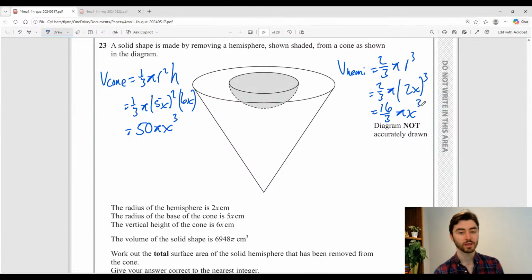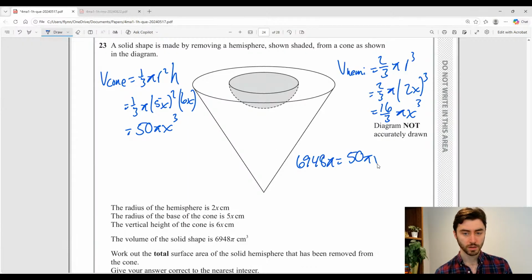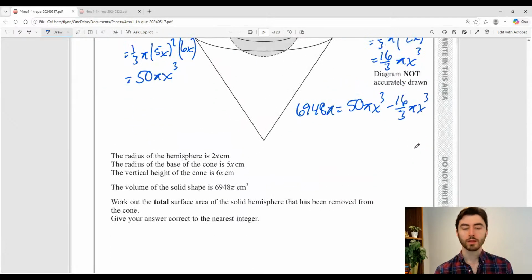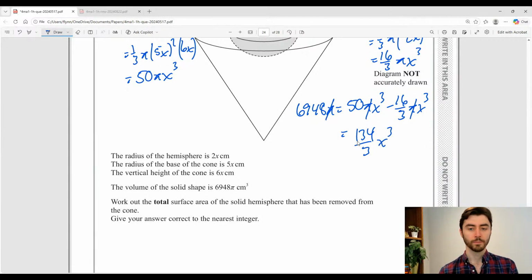So what this is telling me, therefore, is that 6948 pi is the volume of the cone minus the volume of the hemisphere. So from this, I can cancel out the pi's, and combine this and say that's going to be 50 minus 16 over 3, which is 134 over 3 x cubed. I'm going to multiply both sides by 3 and divide both sides by 134.